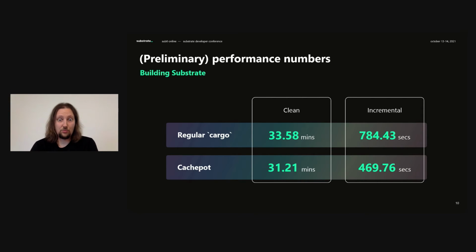And honestly, to my surprise, a build with Cachepot is faster than a regular cargo build when run on a single machine.